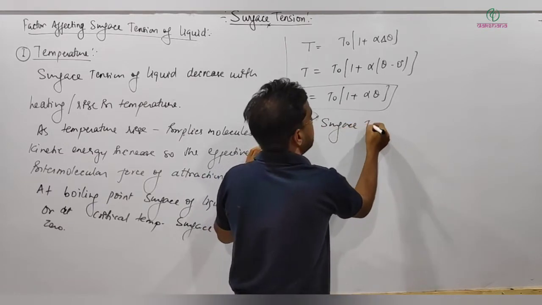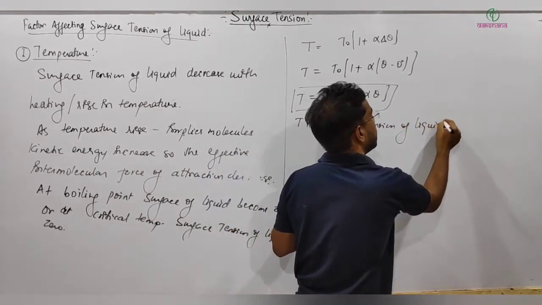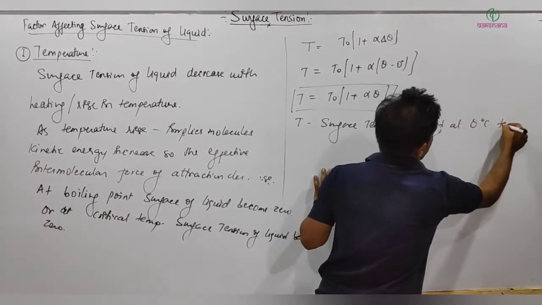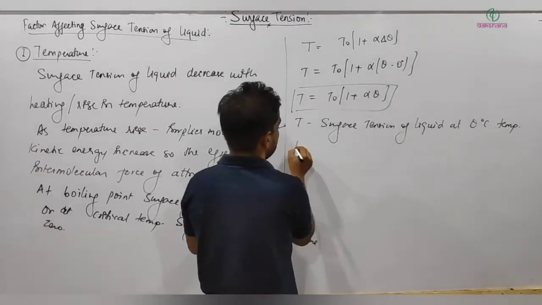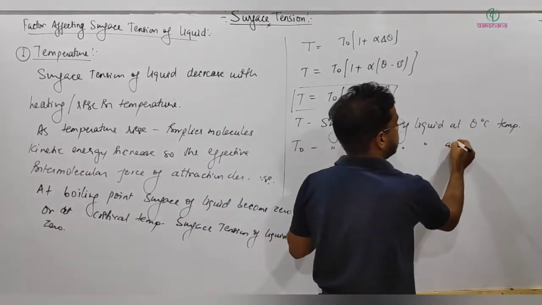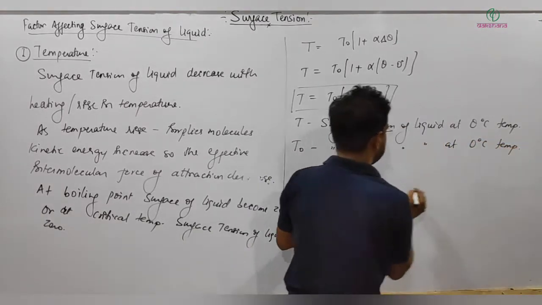Here T is the surface tension of the liquid at theta degrees Celsius temperature. T naught is the surface tension of the liquid at 0 degrees Celsius.